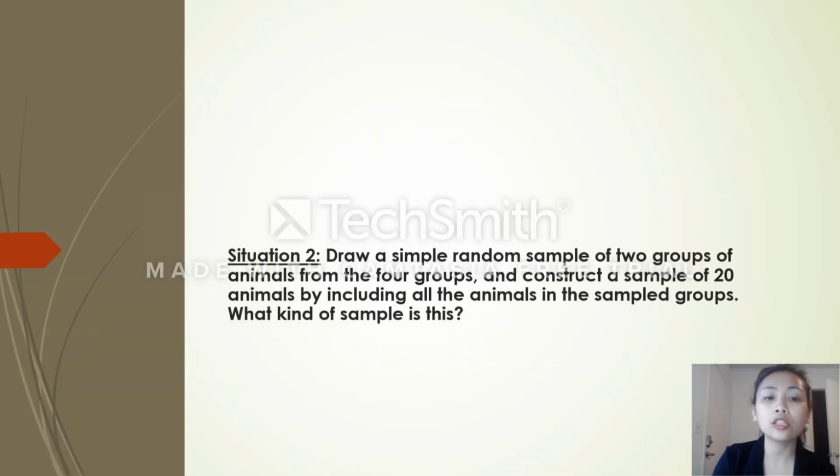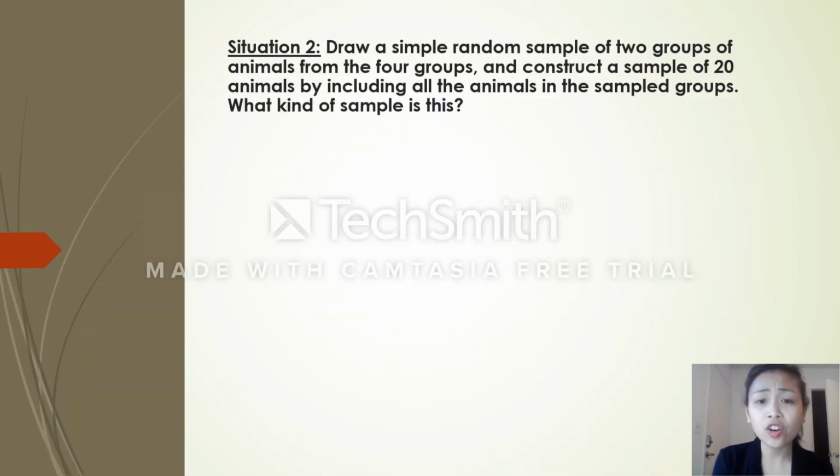Now look at the second situation. Draw a random sample of 2 groups of animals from the 4 groups and construct a sample of 20 animals by including all of the animals in the sampled groups. What kind of sample is this? So here we will draw the groups first, like we make a random sample of 2 clusters from 4 clusters.